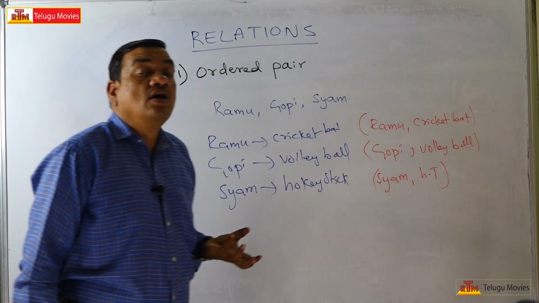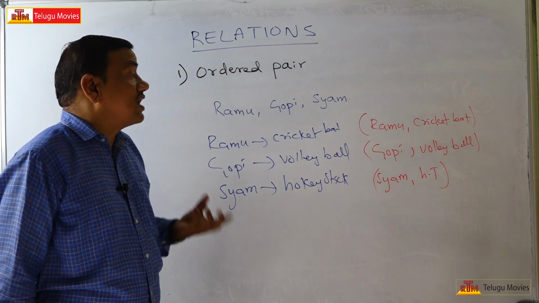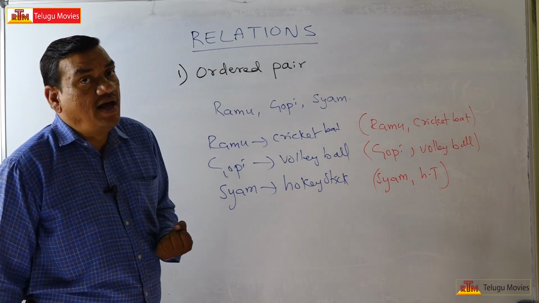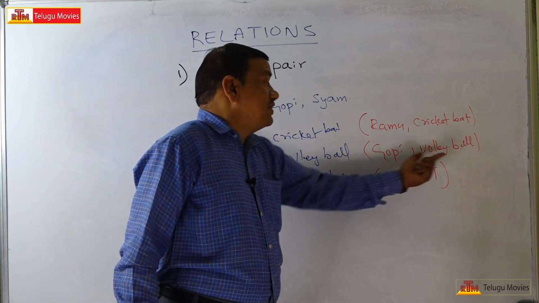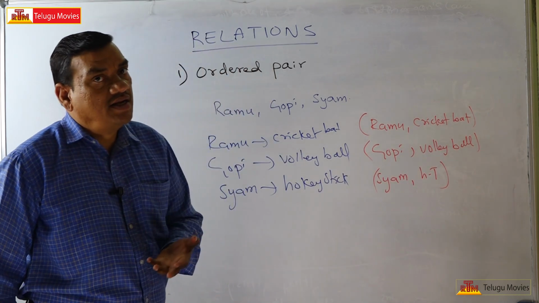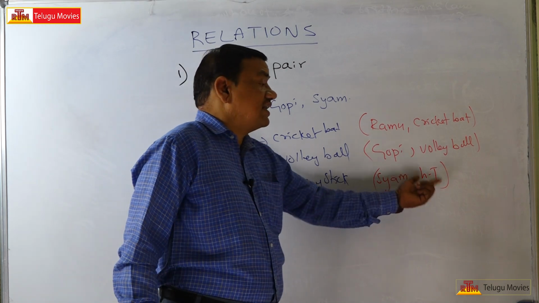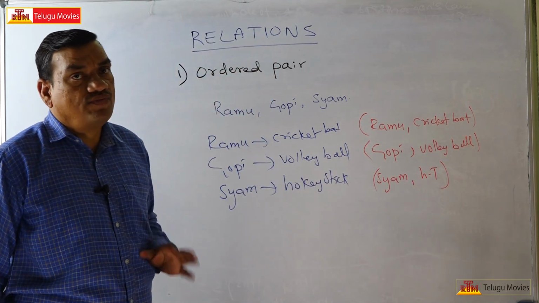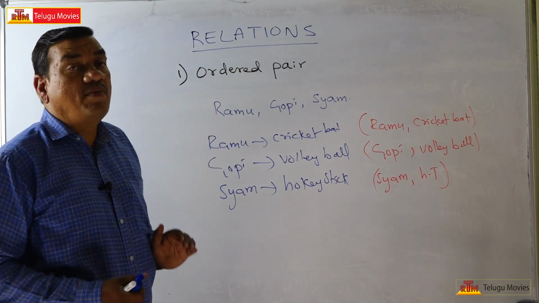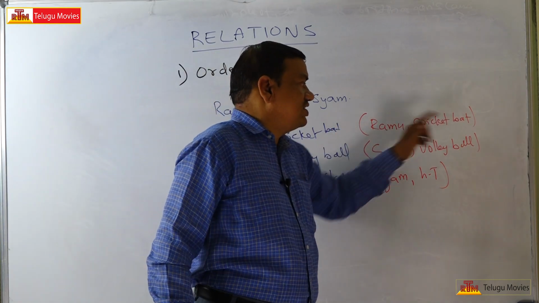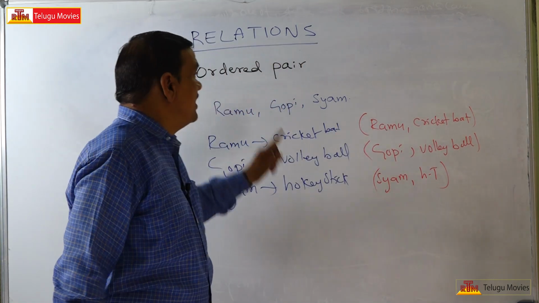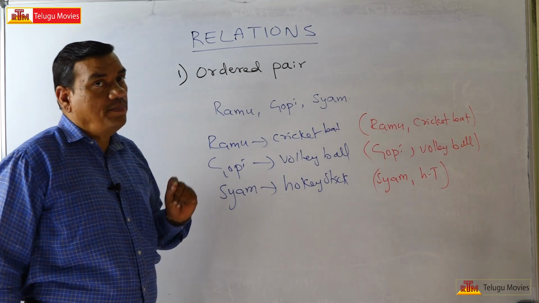That means Ramu chose a cricket bat to play the game, right? Gopi chose volleyball, and Shyam selected a hockey stick to play the game. This structure, this mathematical structure, is called an ordered pair.